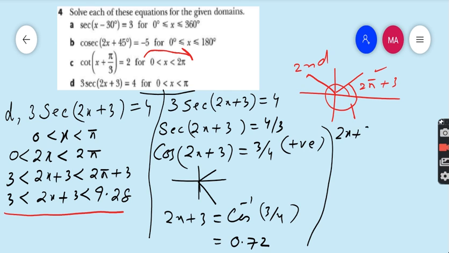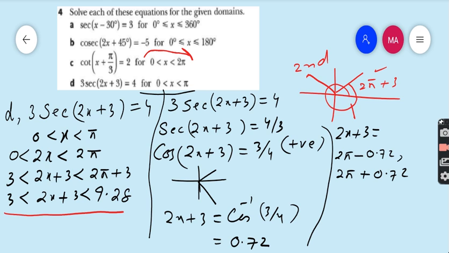2x plus 3, first we find the value in the fourth quadrant. So for the fourth quadrant we must subtract this value from 2 pi, that is 2 pi minus 0.72, and to again find the value in the first quadrant we must add the basic angle 0.72 to 2 pi.